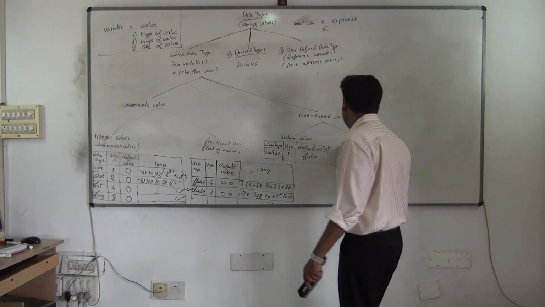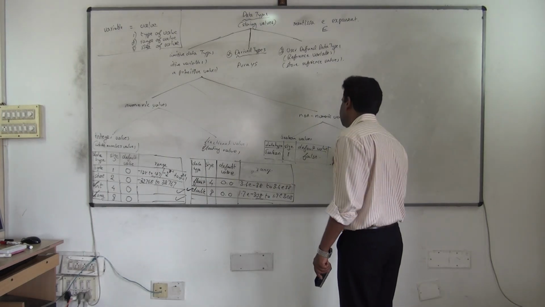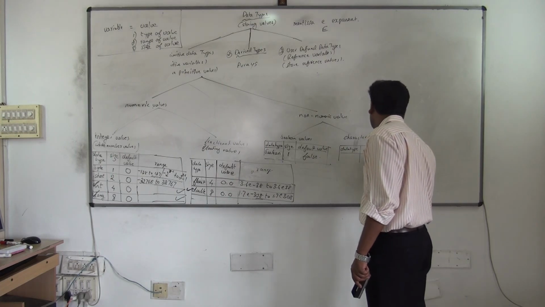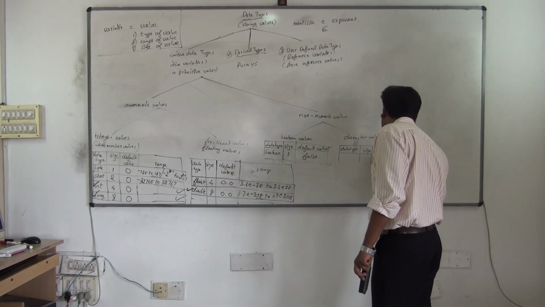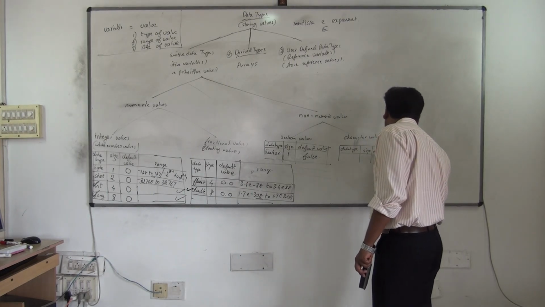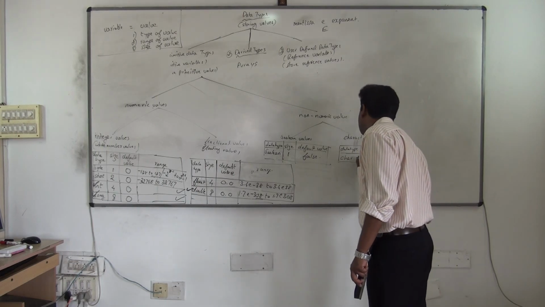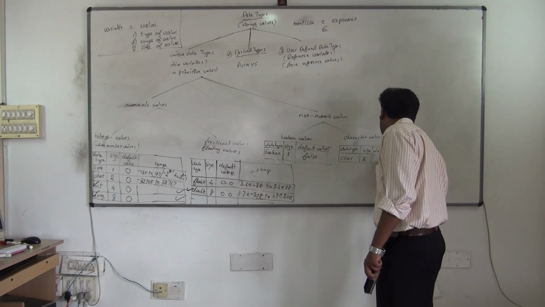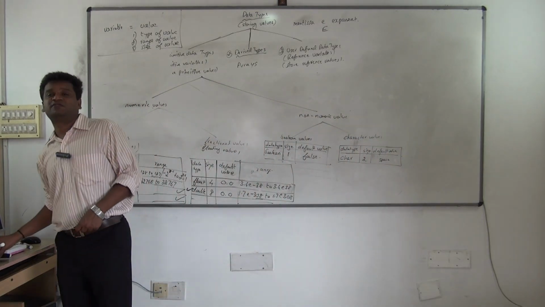So to store that value, here again we'll see data type, size, default value. There's only one data type to store your character value. Size is 2 bytes. Default value is space. If you don't give any value, space will be taken.